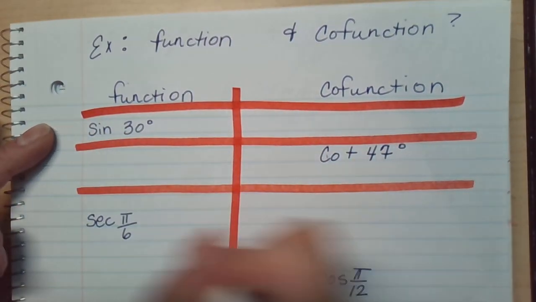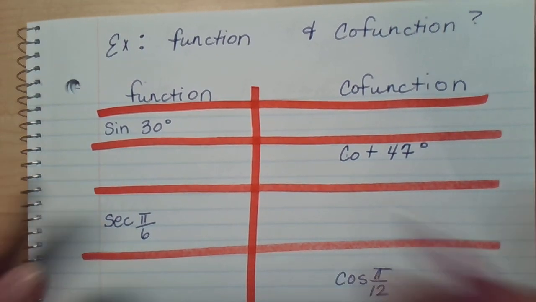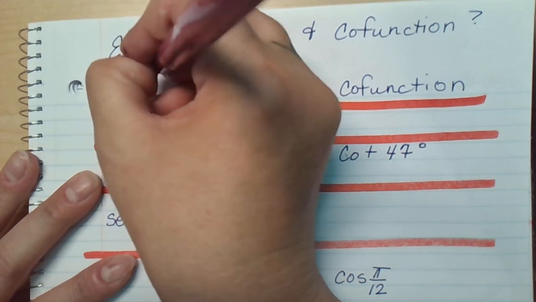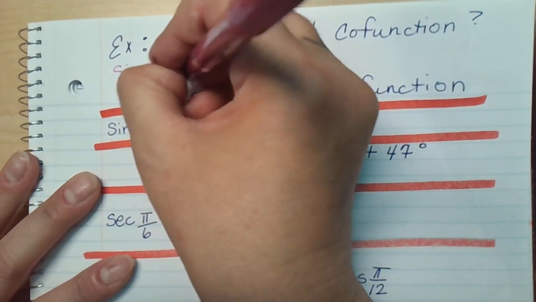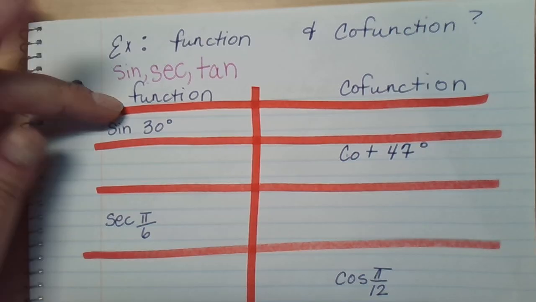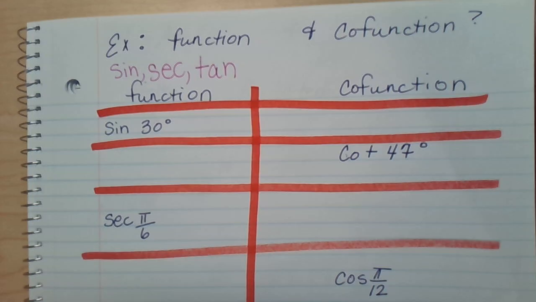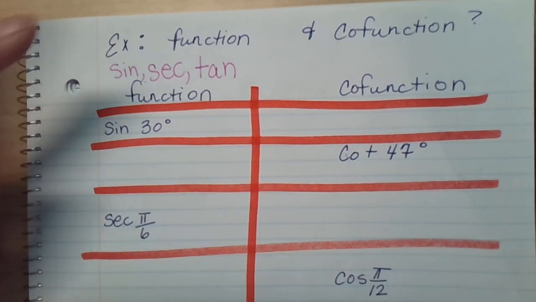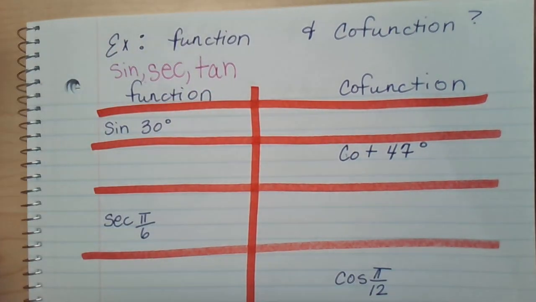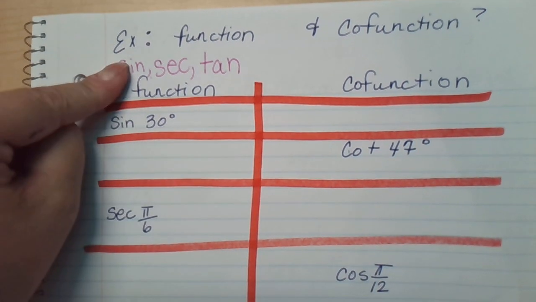So when I say function, the parent functions, or the 3 basic functions that we're talking about, are sine, secant, and tangent. I know, weird, right? Technically, sine and cosine are both functions, but cosine has a special name. So anyway, sine, secant, and tangent are functions. Cofunctions are these with a co in front of it.